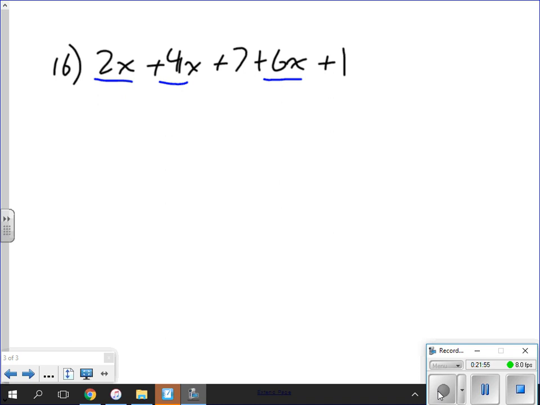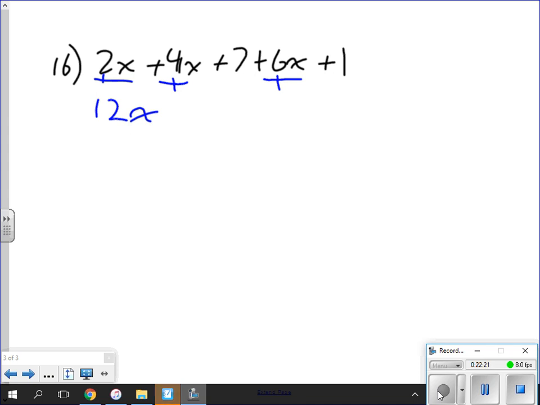The only thing that changes is how many of them I have. They do not become squared. They do not do anything like that. I have 2 plus 4 is 6, plus 6 more gives me 12. I did not change the apples. The x's don't change when I'm adding and subtracting.